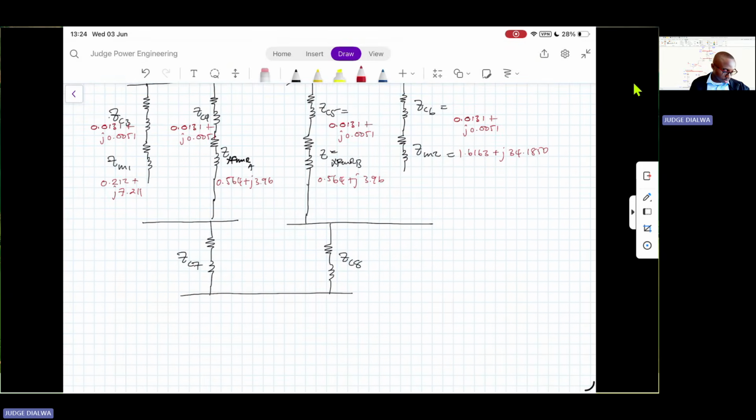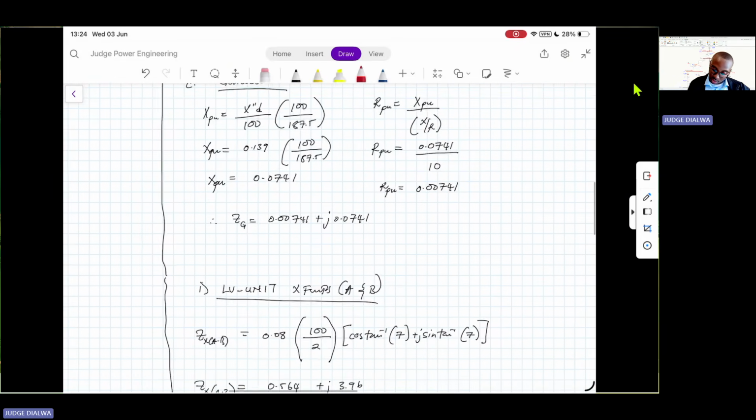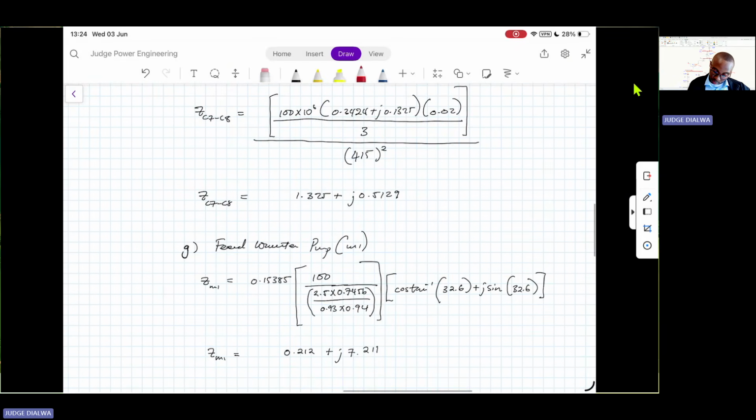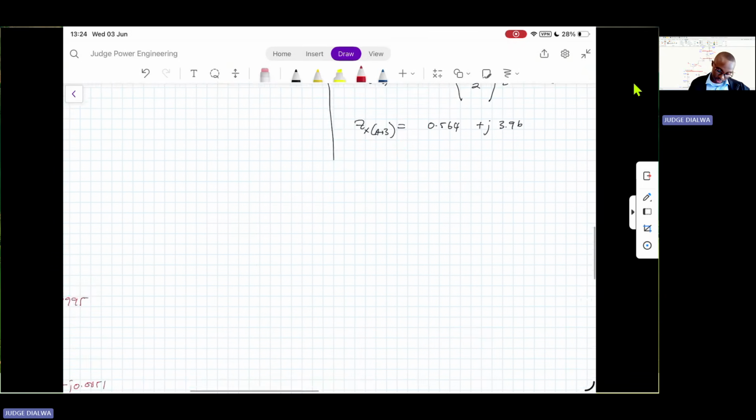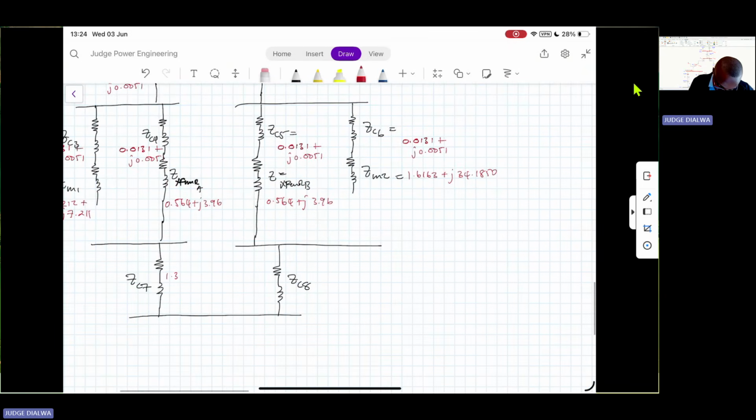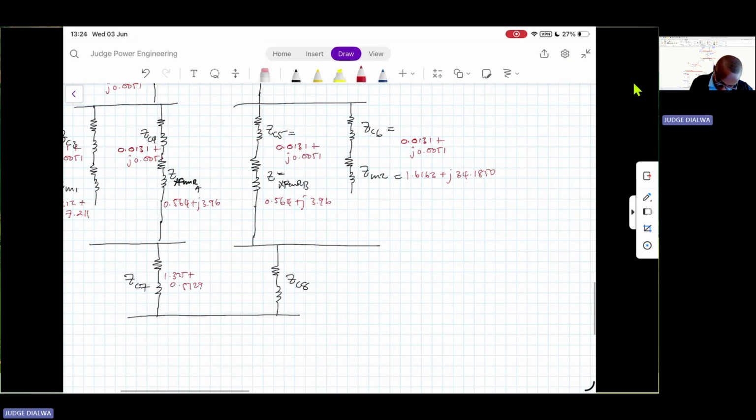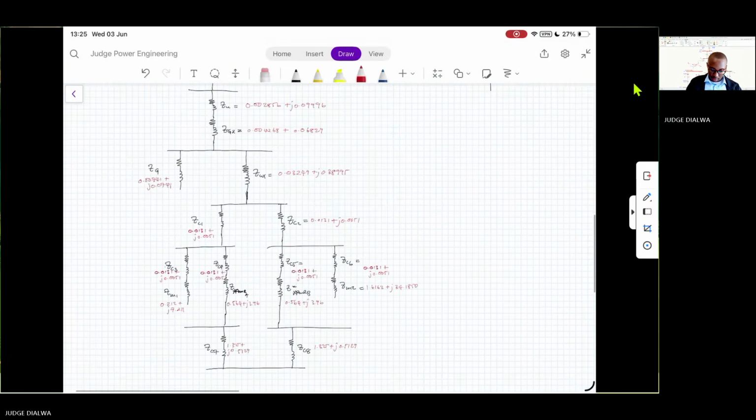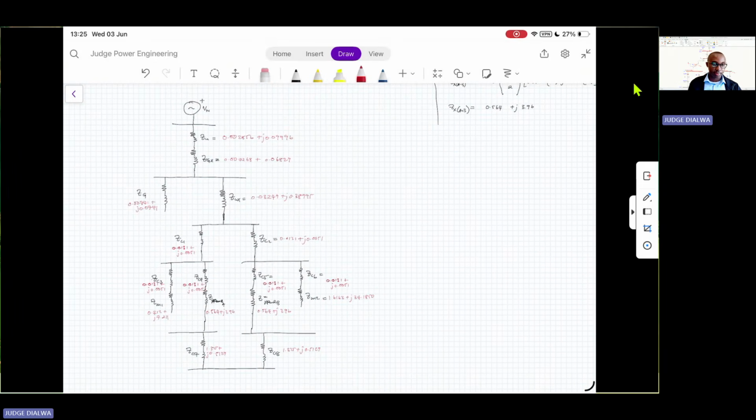We computed those impedances to be 1.325 plus J 0.5129. It applies to this one too, 1.325 plus J 0.5129. So this is our impedance diagram, rather our system simplified into an impedance diagram.